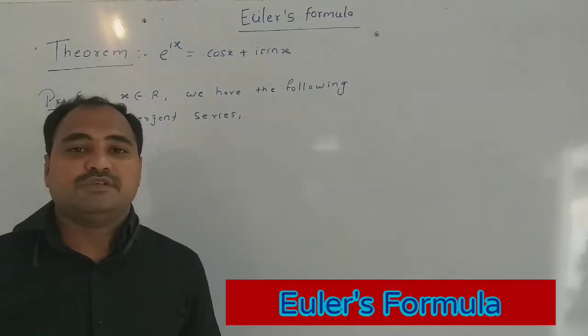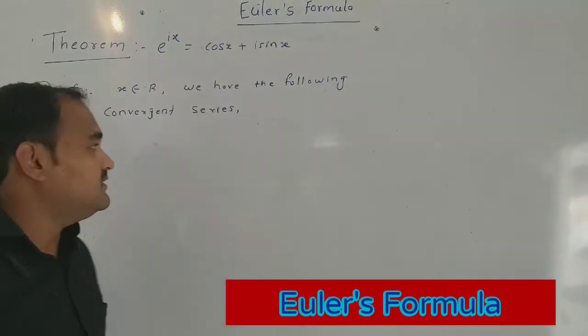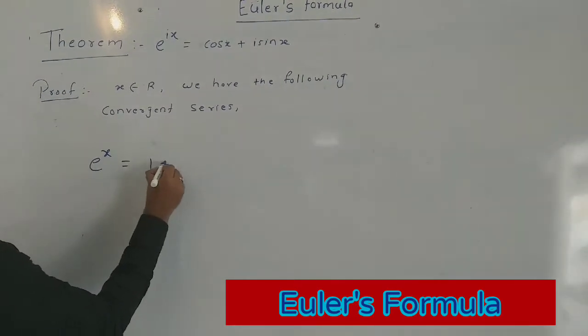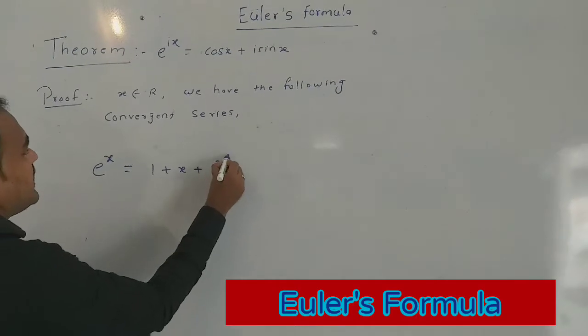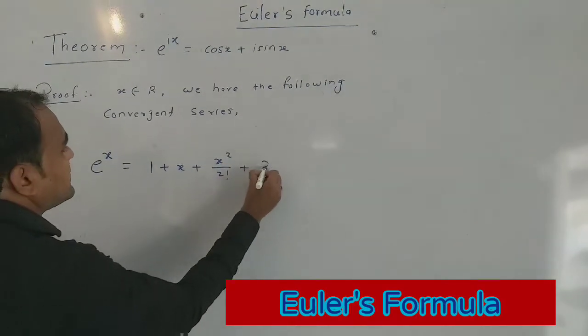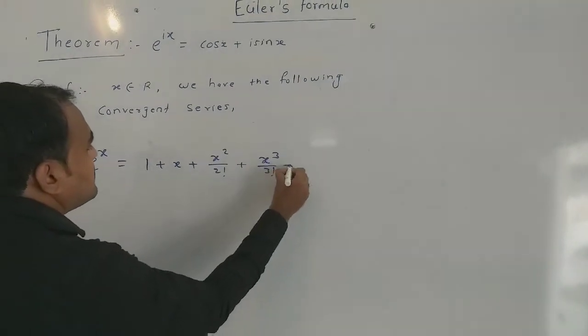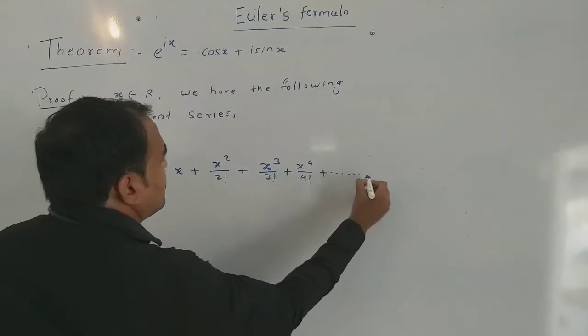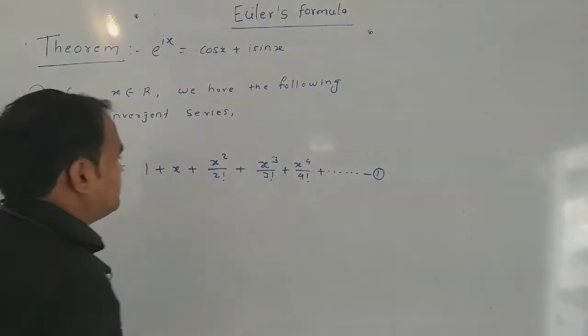First of all, e to the power x is equal to 1 plus x plus x square upon 2 factorial plus x cube upon 3 factorial plus x to the power 4 upon 4 factorial plus and so on. We call this equation 1.